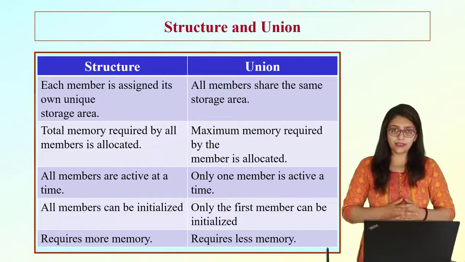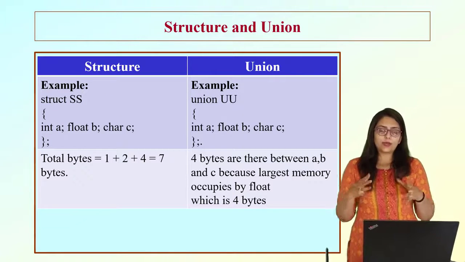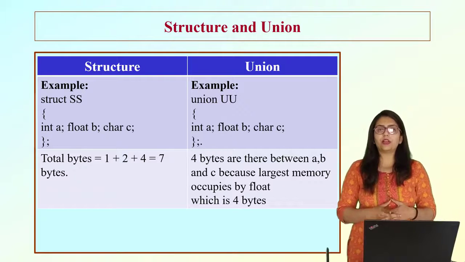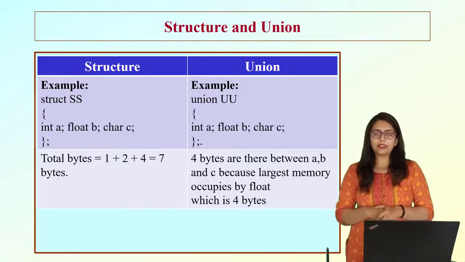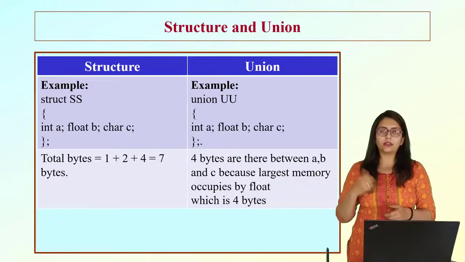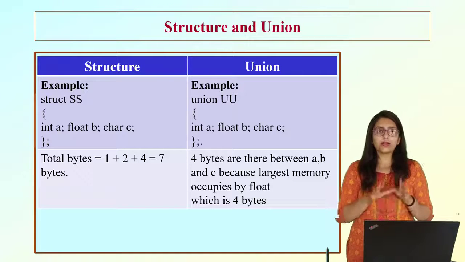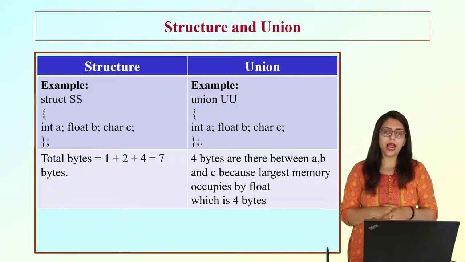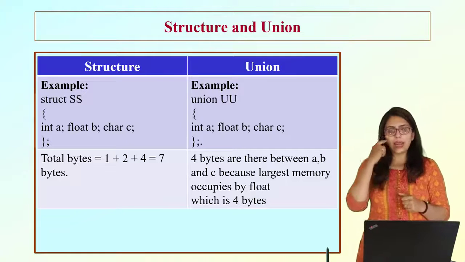We have already seen the examples. Now you can see the syntax. You can write the definition of structure and union as shown. This is the basic definition of structure, and the other is the basic definition of union. Last but not least, for the defined structure I am getting 7 bytes, but for the same union I am getting 4 bytes.